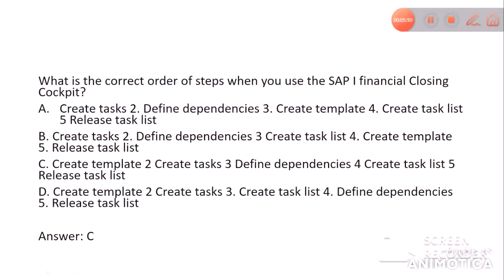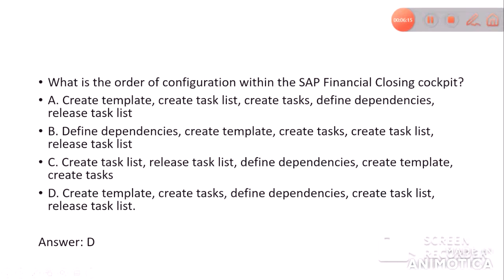Lastly, we release the task list. Create template, create tasks, define dependencies, create task list and release task list. After creating the task, then only we define the dependencies. So the answer is C.